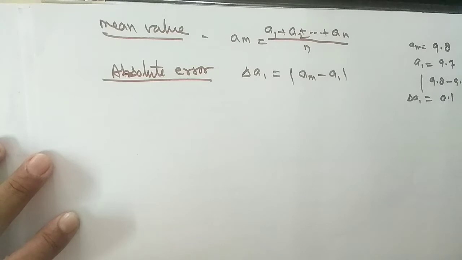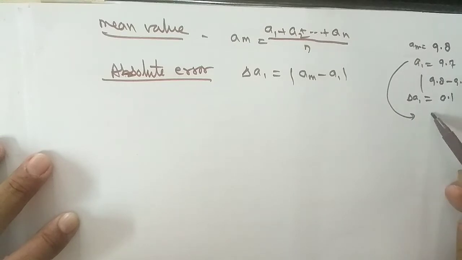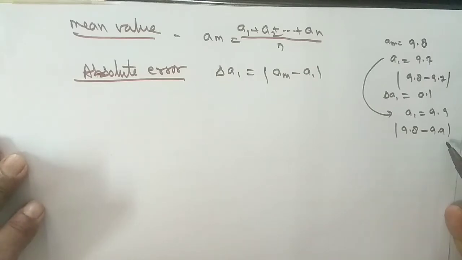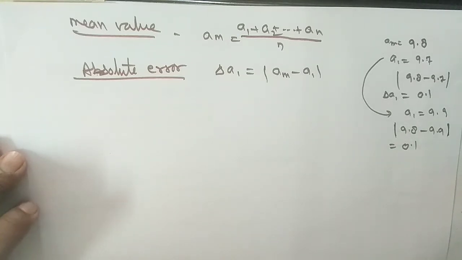Like this. Taking another example, suppose A1 is not 9.7 but 9.9. In that case, you will take 9.8 minus 9.9, so it is coming negative, but the answer will be the same, because it is the mod. Mod means you always have to take it positive.